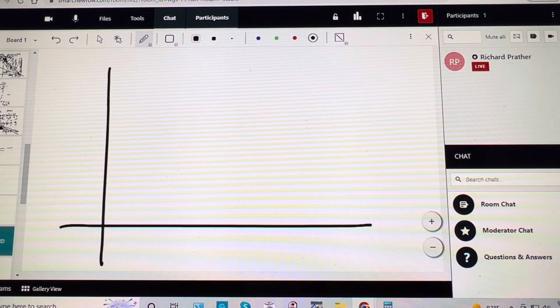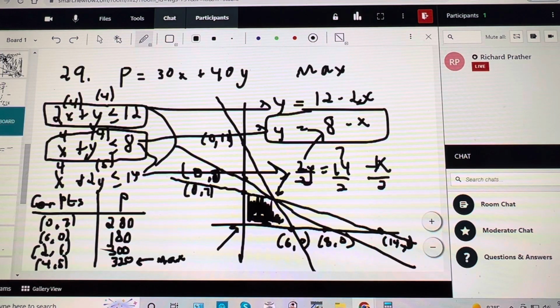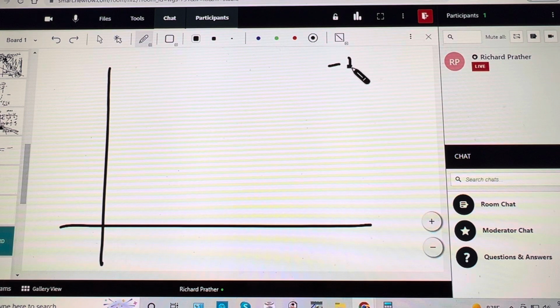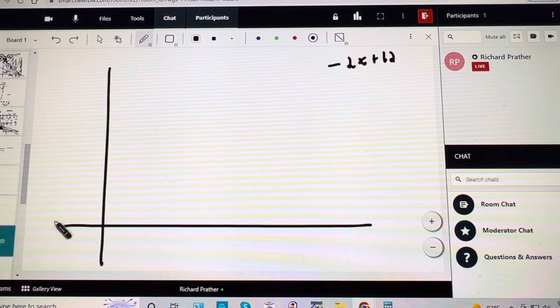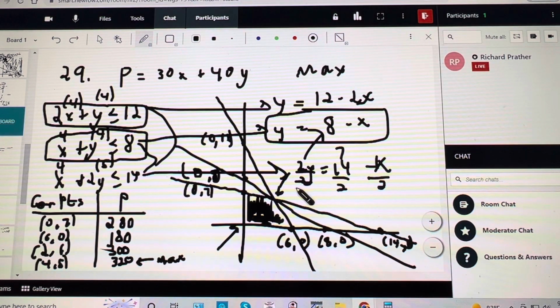The 3 inequalities are negative 2x plus 12, negative x plus 8, and negative 1/2 x plus 7.